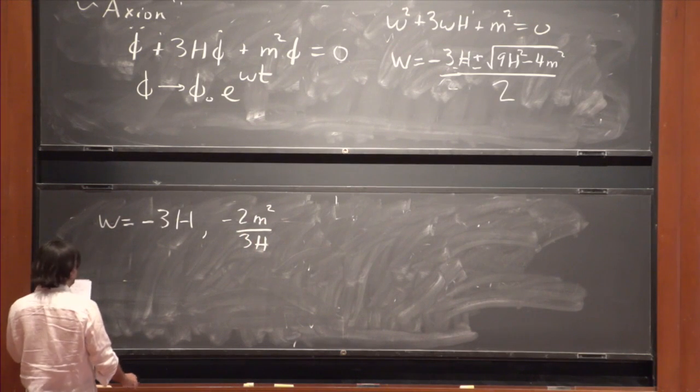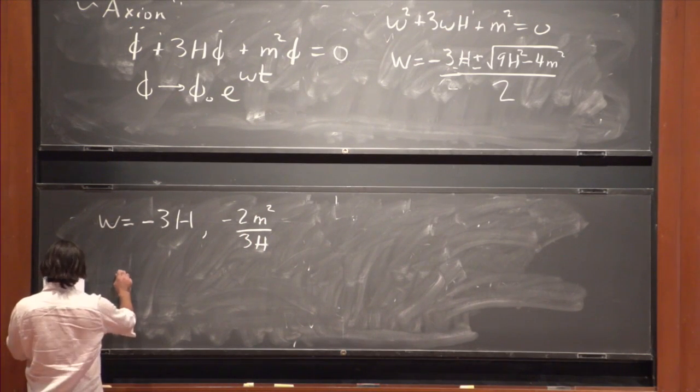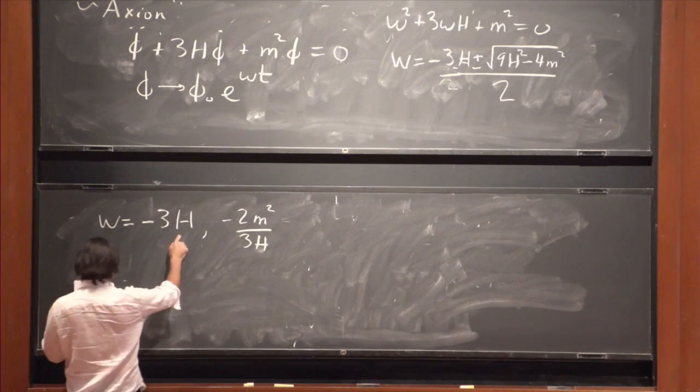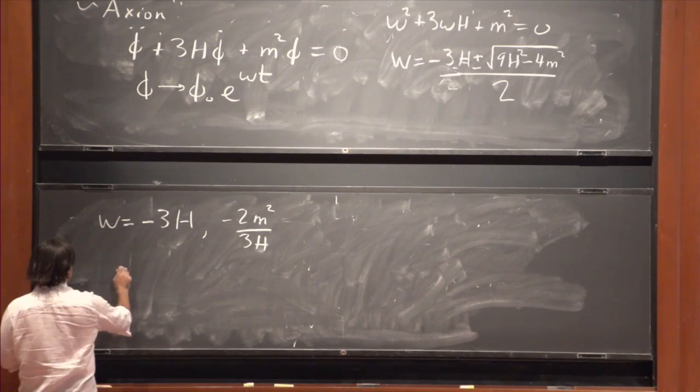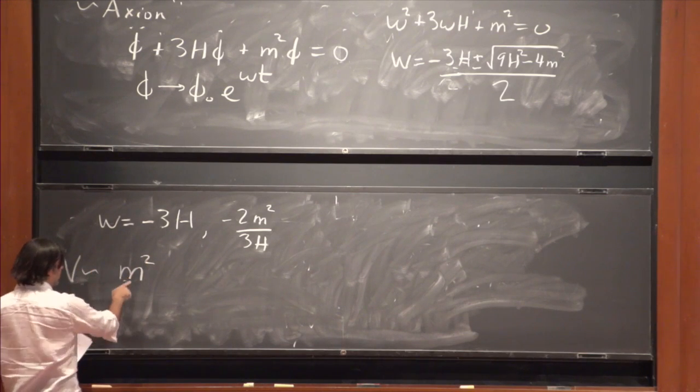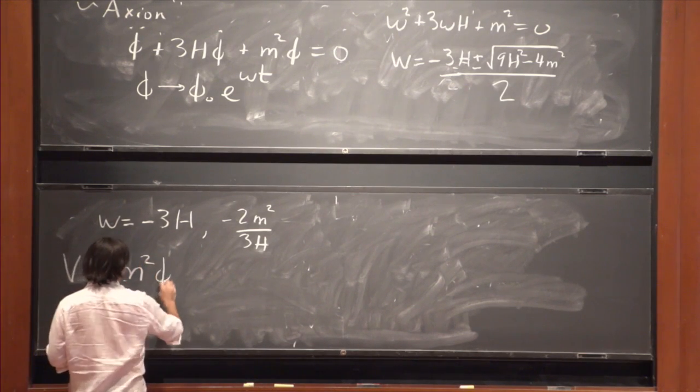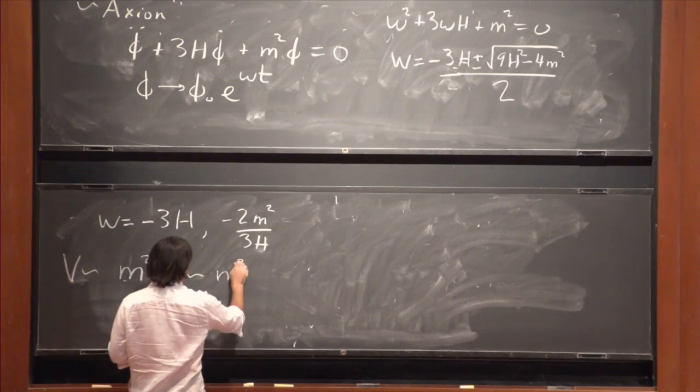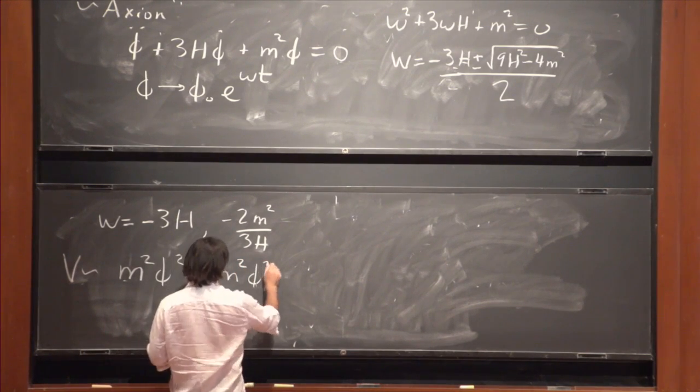So if you take Hubble to be constant, then you can consider this mode first. So imagine what kind of energy density that has. Well, the energy density would be proportional to, say, m squared phi squared, which is like m squared phi naught squared.